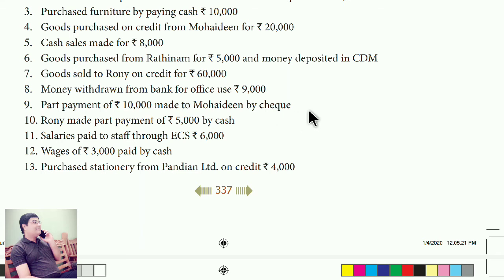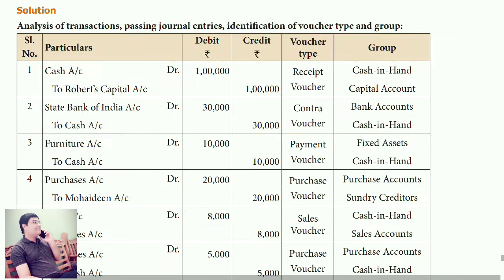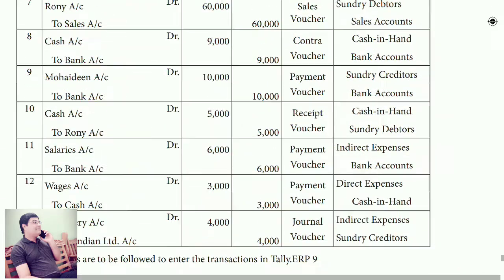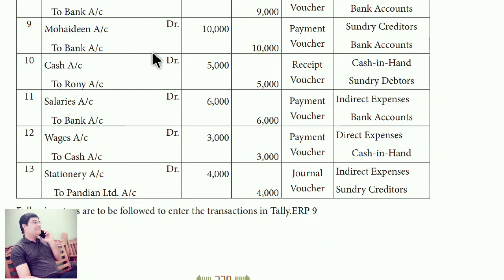From the bank. To whom? To Mohiddin. Now see the answer. Mohiddin account debit to bank account, because money goes out from the bank, so bank is credited. The receiver is Mohiddin, so it is debited. It is a payment voucher because we make the payment. Mohiddin is a sundry creditor, so it will come under sundry creditors group. Bank will always come under bank account.